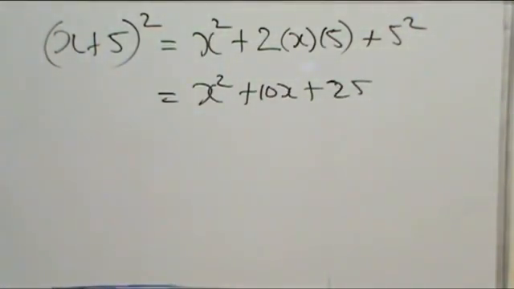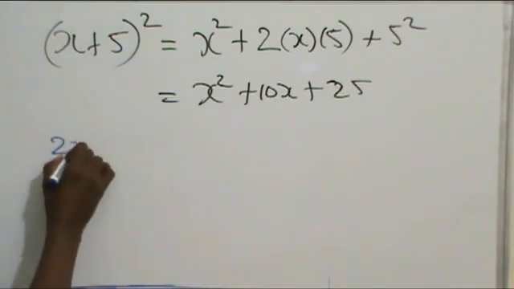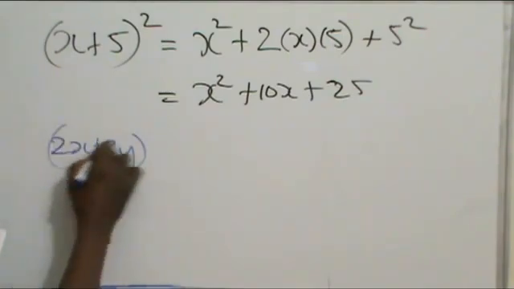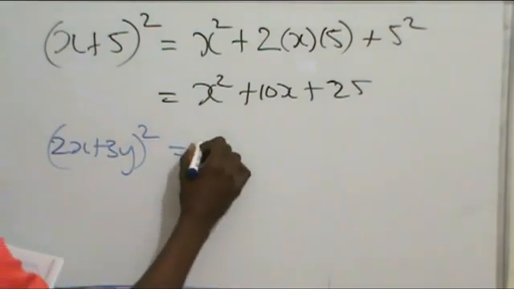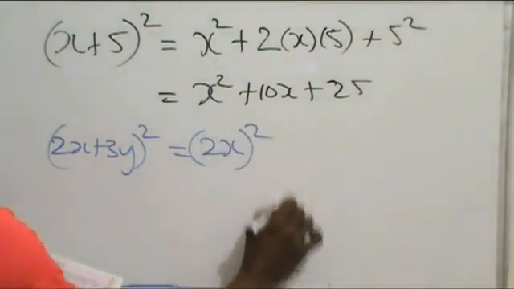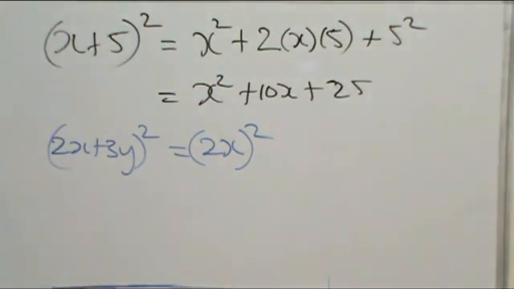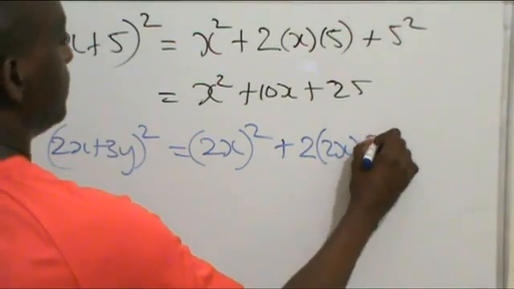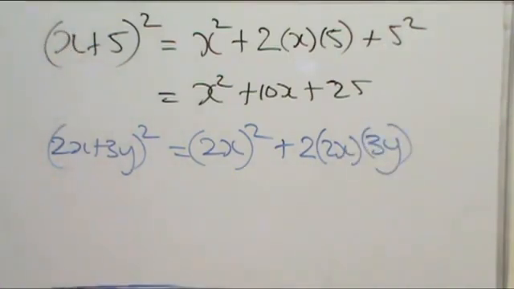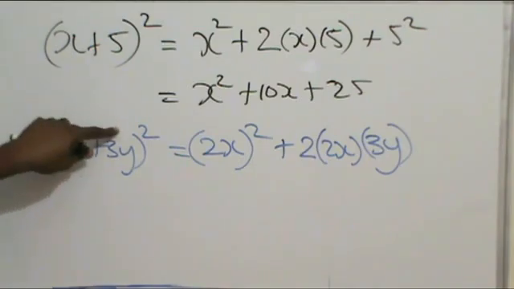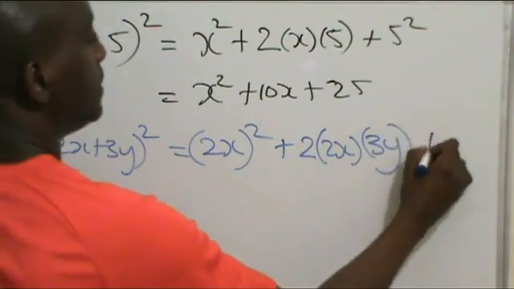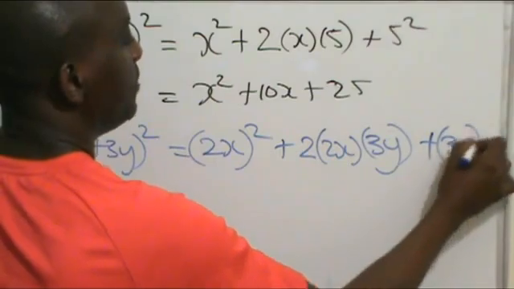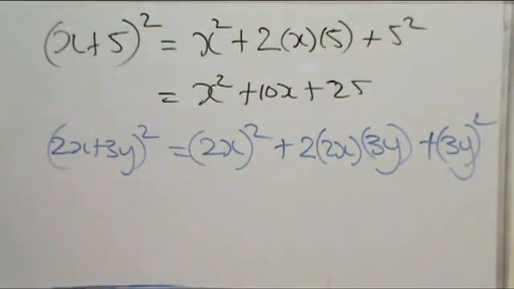Next example. Expand 2x plus 3y, all squared. It will be equal to 2x, all in brackets, squared. Notice the brackets, plus 2 by 2x by 3y. So in other words, the first term squared plus 2 by the first term by the second term plus 3y by itself now, all to be squared.